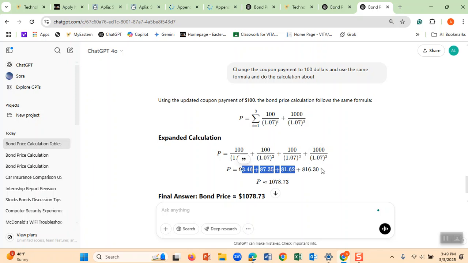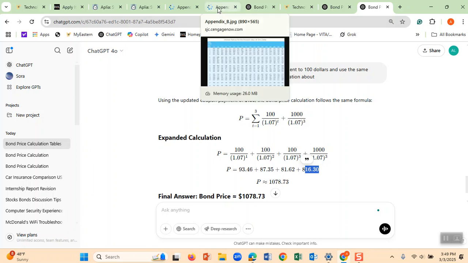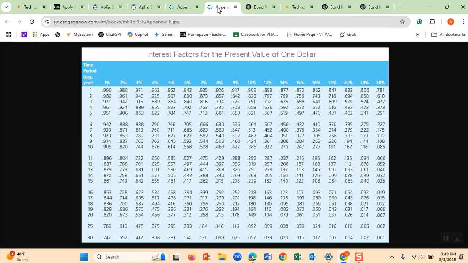Let's see if the table can help me find, without using this difficult formula, the present value of $1 that shows me $816. Yes, look at this table. When the interest rate is 7%, do you see here it's 7%?